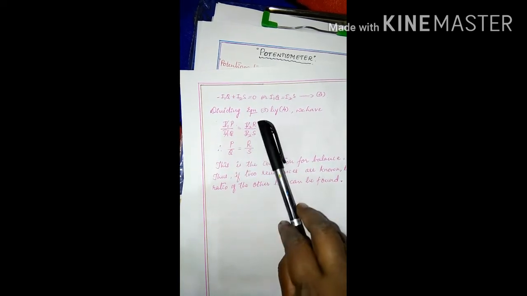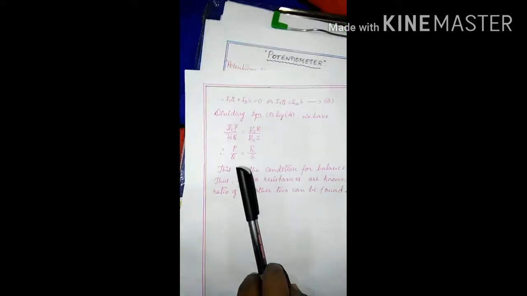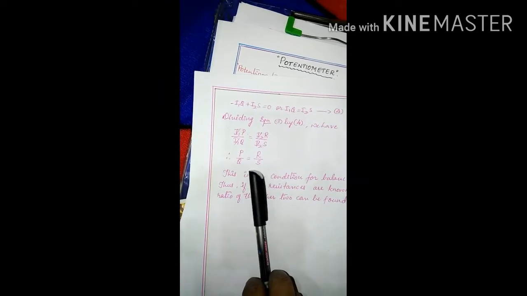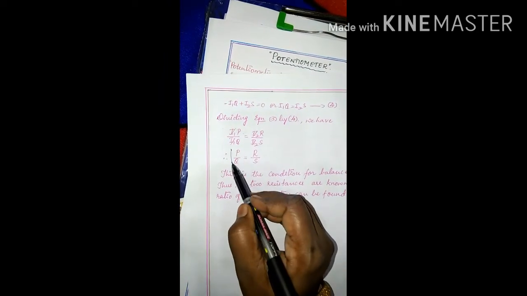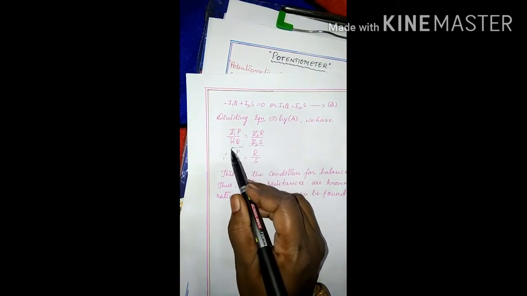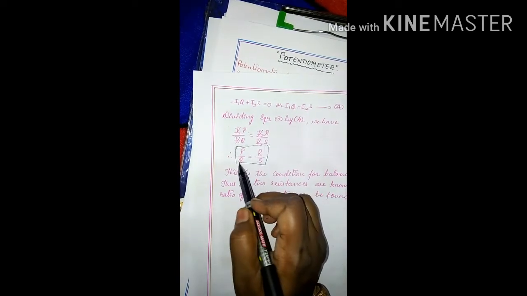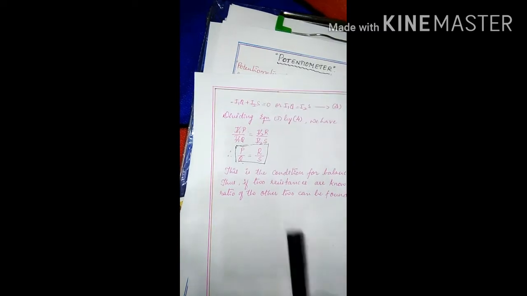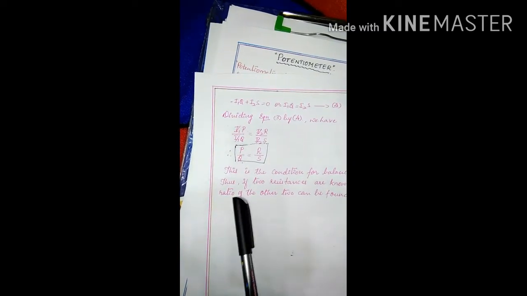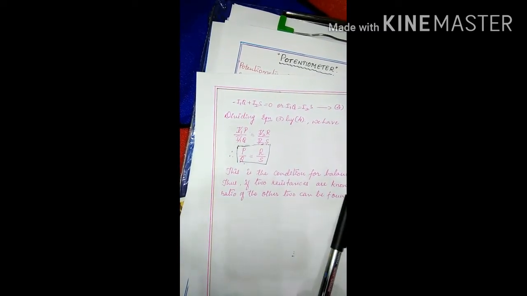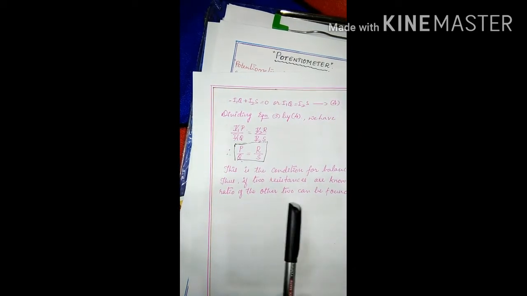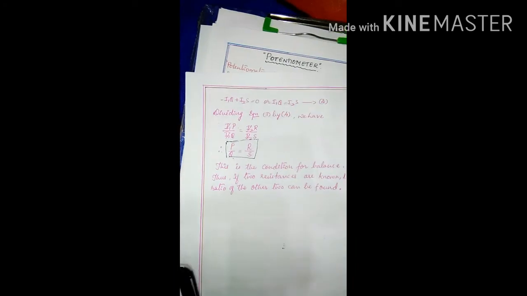So I1 gets cancelled, I2 gets cancelled. What ratio you get is P by Q equal to R by S. This is the balancing condition for Wheatstone's network. Okay, so this is the condition for balance. Thus if three resistances are known, the fourth resistance can be found. So this is the Wheatstone's network.